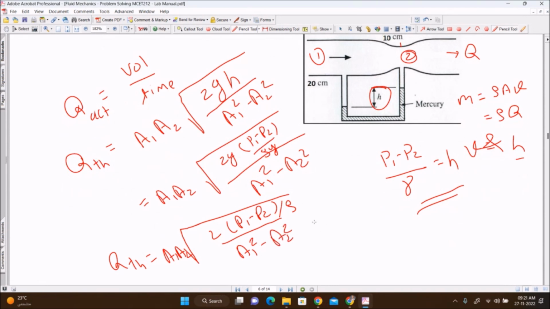This is one of the formulas. If P1 minus P2 is given in Pascal, we can use this formula. If it is given as pressure head, we can use the other formula.